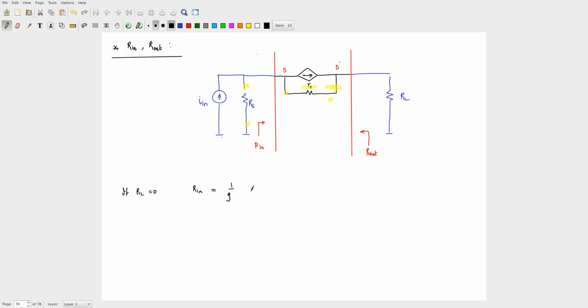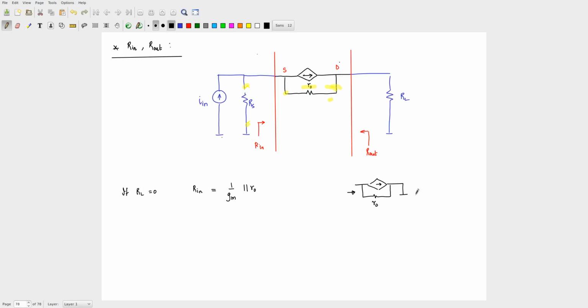Okay. So, now somehow that RL will come, okay, that you calculate. Okay. Now, if RL is 0, the reason it becomes simple is that what will happen if RL is 0, you will have this kind of circuit, right, and then this is grounded, and then I have this R0 here, which is going from this to ground, right, and you can replace and you want to find out things looking in from here basically, right?